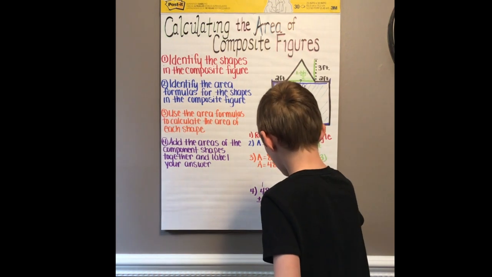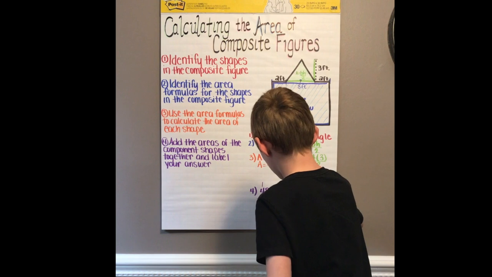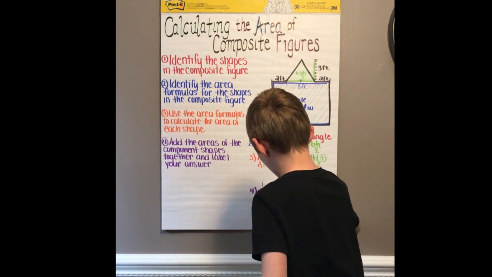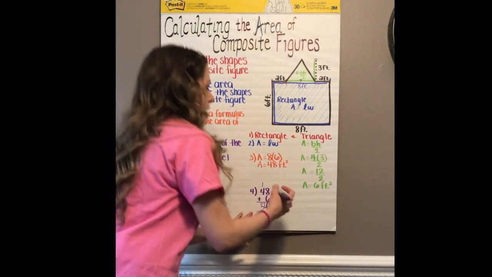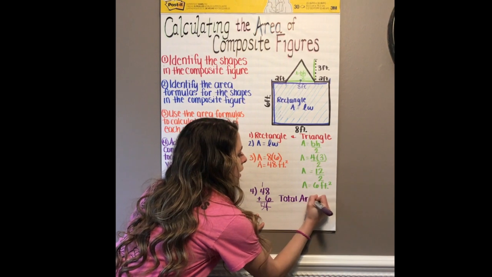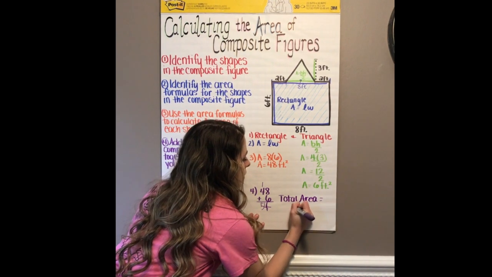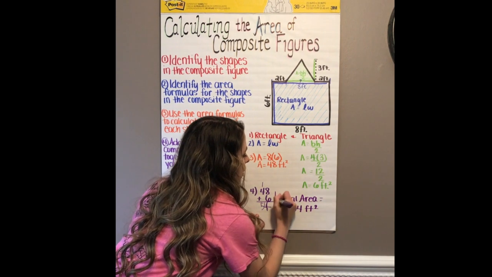So we put a 1 over here. It equals 5 over here, and then there's a 4 over here. Excellent. So our total area equals 54 feet squared.